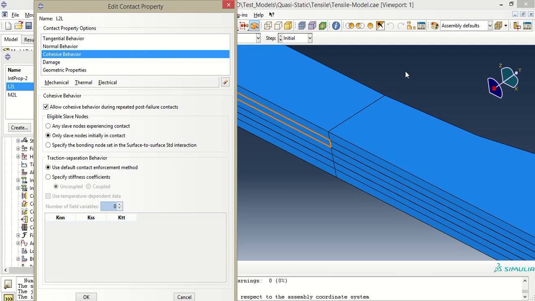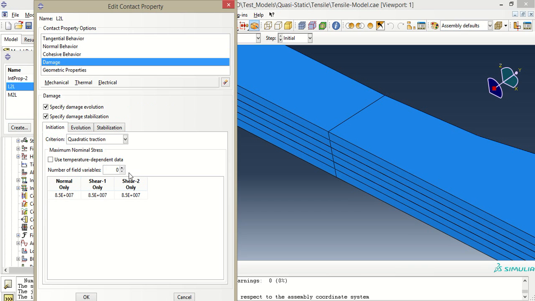In your case it might be possible, like a tire rolling on a road, where experiencing contact might be there. And for traction separation behavior, you can provide the stiffnesses if you have them, or you can use a default contact enforcement method. Come to damage.